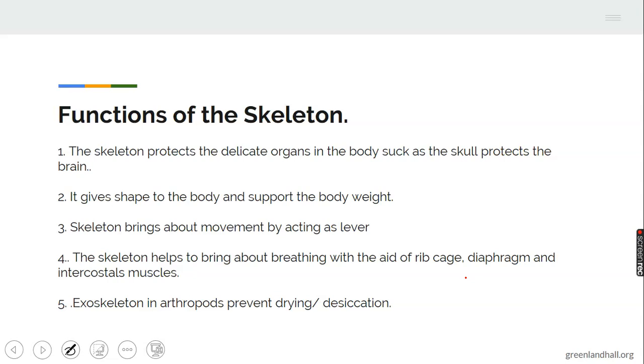The skeleton protects the delicate organs in the body, such as the skull protects the brain.